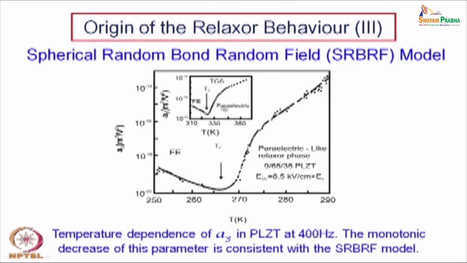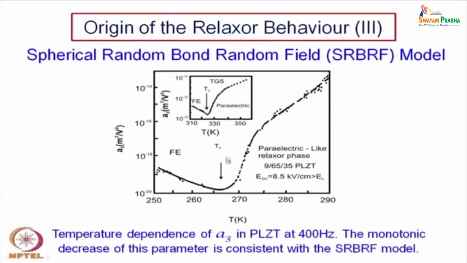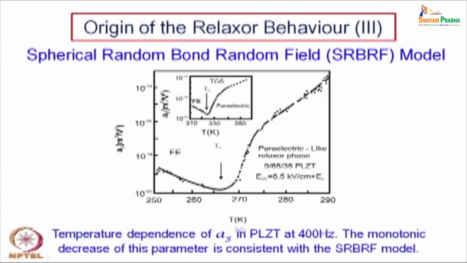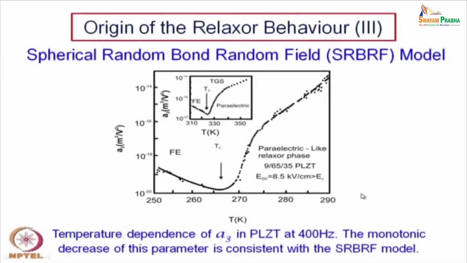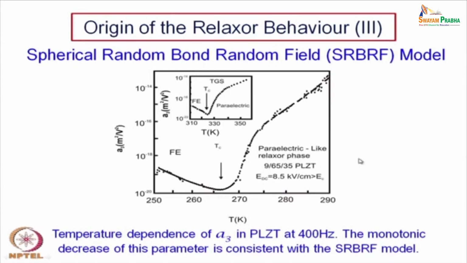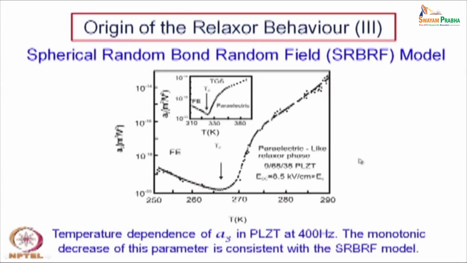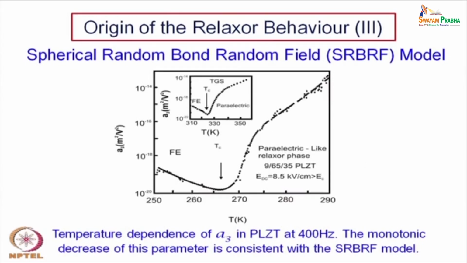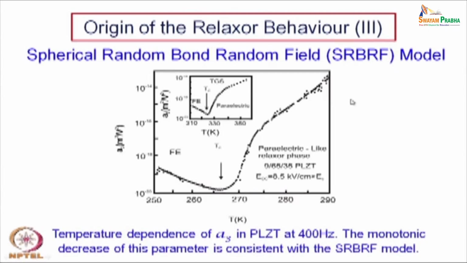This is also another one, triglycine sulfide. Okay. So, this is the paraelectric phase, this is the transition phase. Okay. I am not going into the details of this analysis, except that it gives an indication that the nano size domains do exist, which is different from that of the normal ferroelectrics.